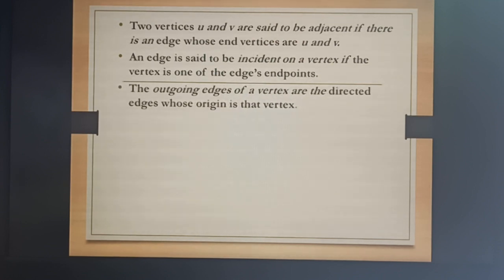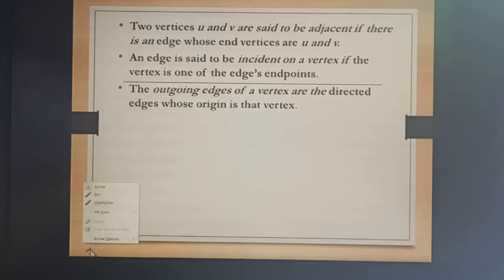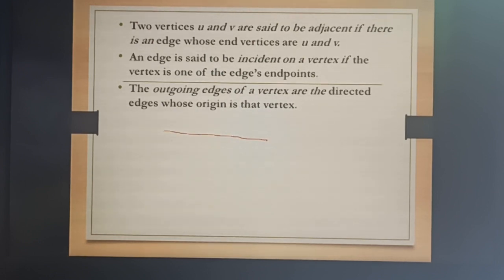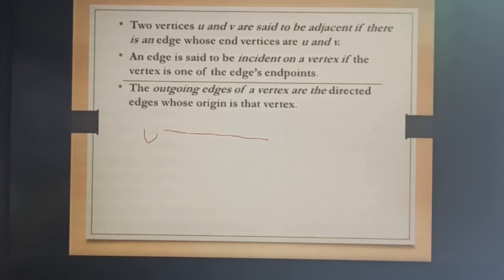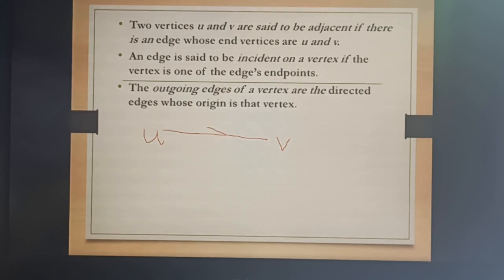Then the outgoing edges of a vertex are the directed edges whose origin is that vertex. If there is an edge from A to B, with direction mentioned from A to B, I will show you. Suppose this is U and this is V, and the direction is mentioned like this.